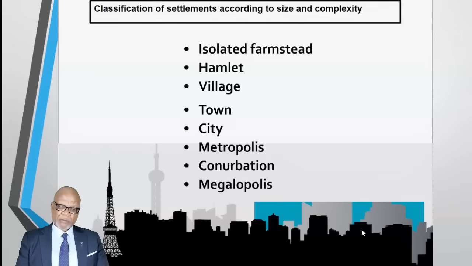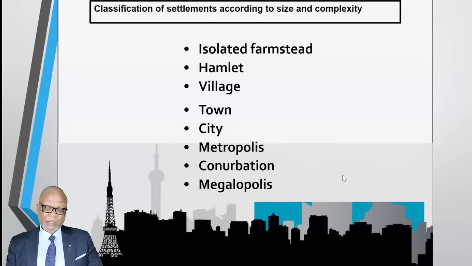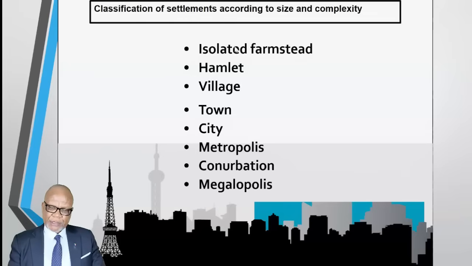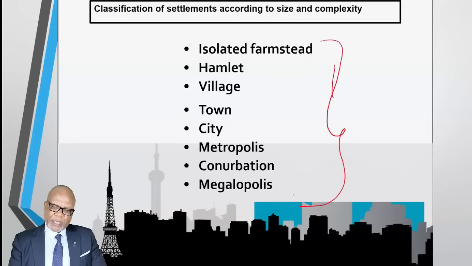I want to now look at the classification of settlement. What is classification of settlement? Settlement can be classified according to a number of ways. We said in the introduction, we classify settlements here according to size and complexity. So what are we looking at here? We're looking at the settlements from the smallest to the largest.